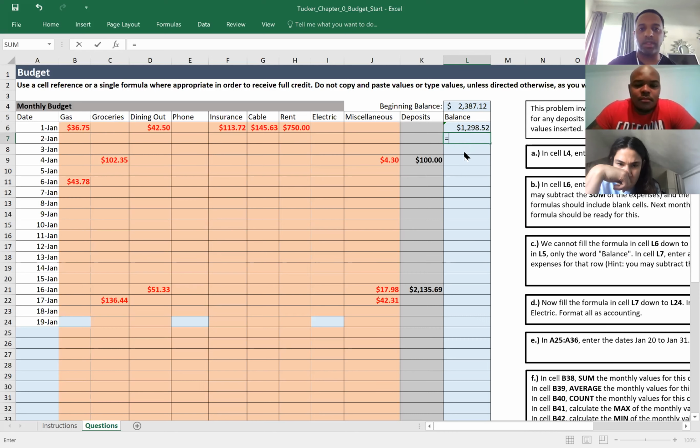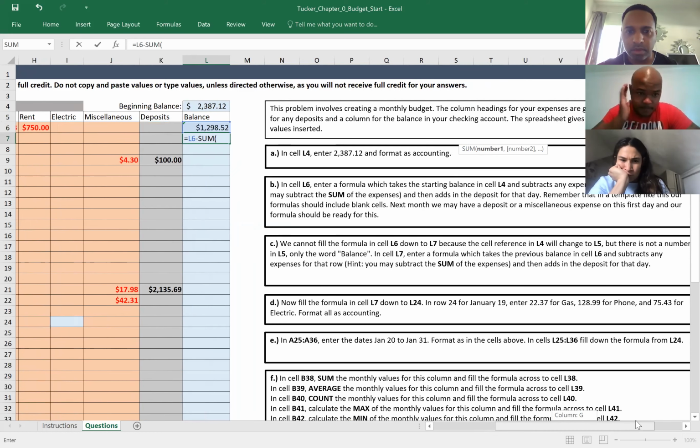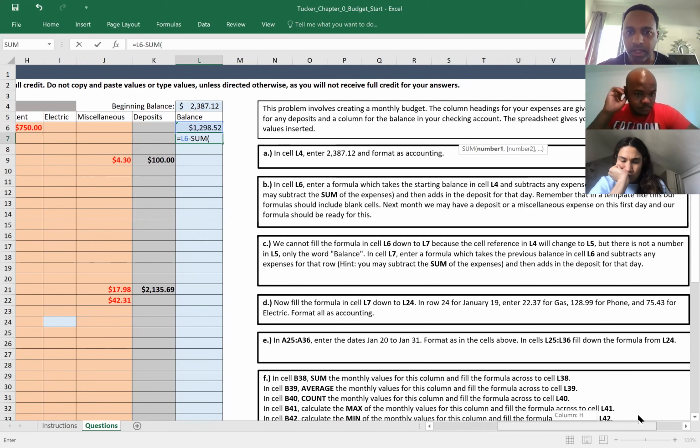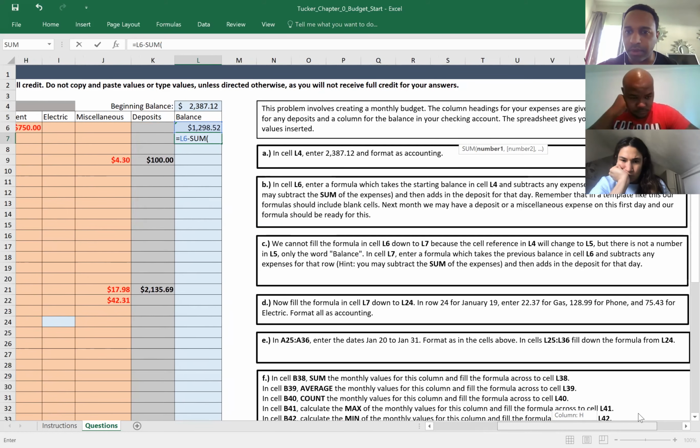So we do L6 minus the sum of everything in that row. Okay, make sure I read it right because I don't see anything in that row. Let me go back. In cell L7, enter a formula which takes the previous balance from L6 and subtracts any expenses for that row.